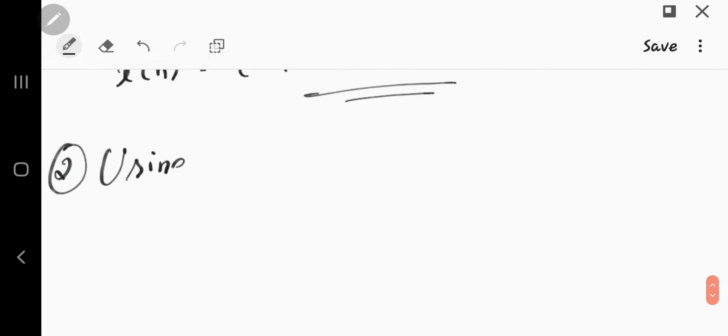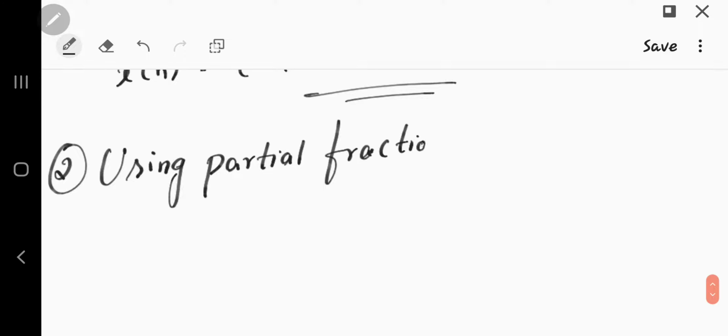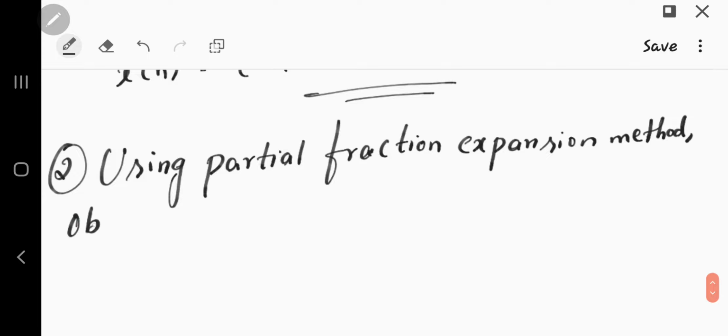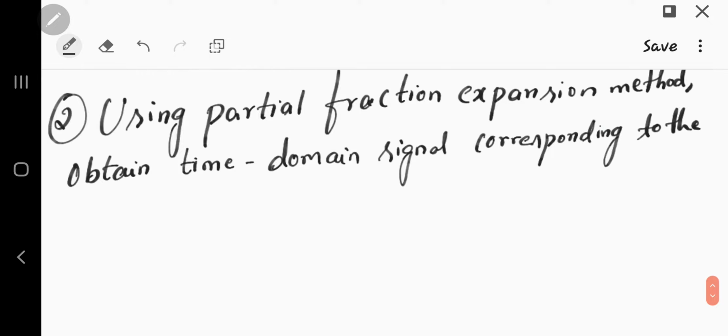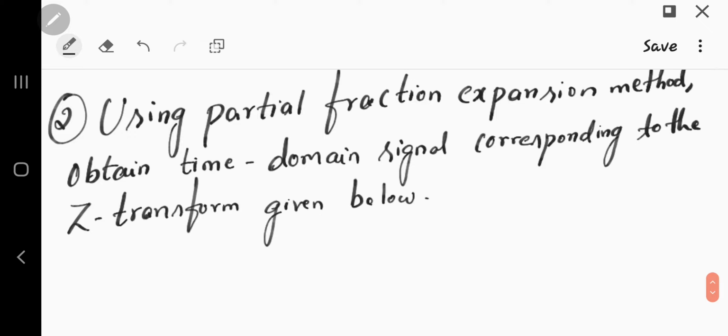Given, using partial fraction expansion method, obtain the time domain signal corresponding to the Z transform given below.